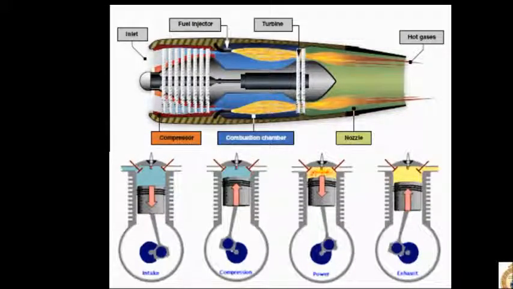Now if we go back to our piston powered engines, both the turbine and the piston powered aircraft kind of sort of do the same thing to get thrust going. Not exactly, but there are just different methods. Here we have intake.